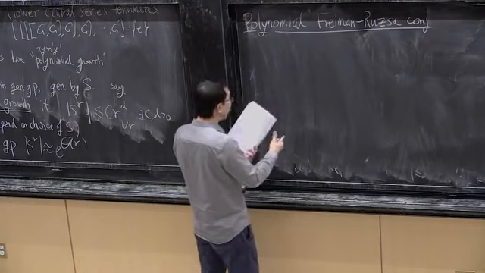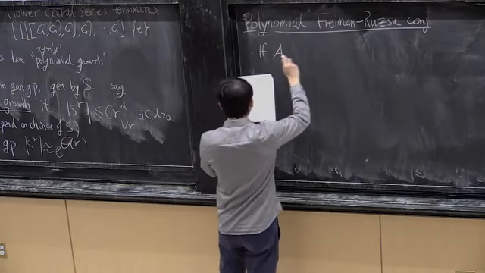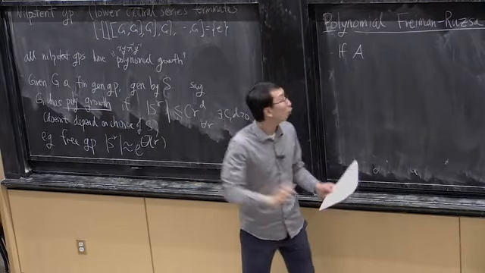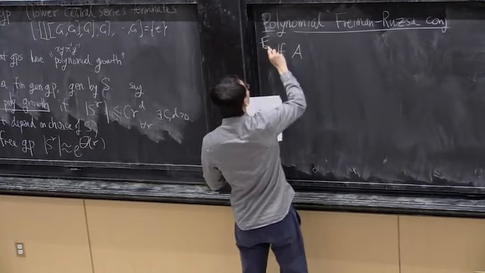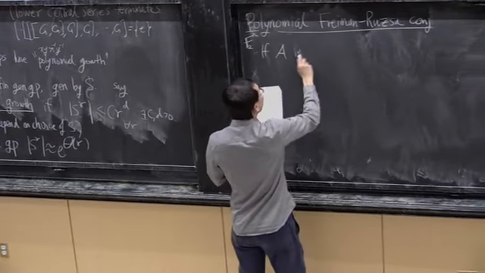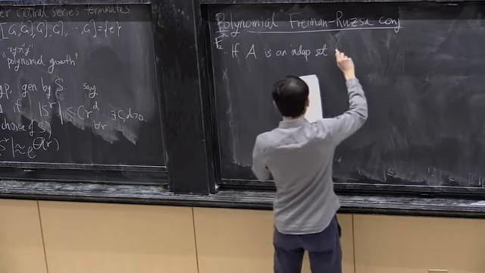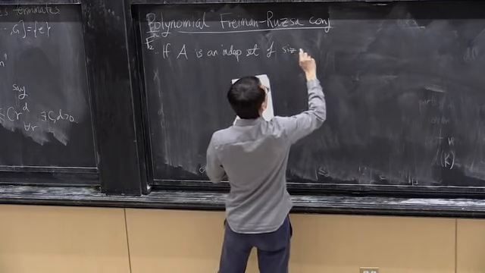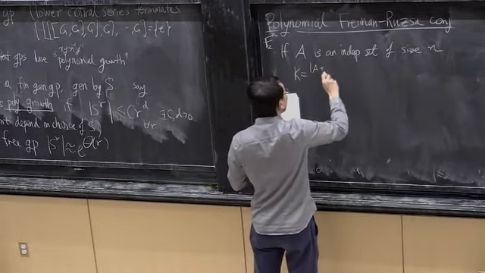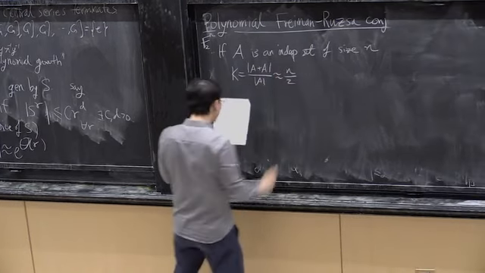So let's look at the examples, the constructions again. Just for simplicity in exposition, I'm going to stick with F_2^n, at least initially. So if A is an independent set of size n, then K, being the doubling constant of A, is roughly like n over 2.